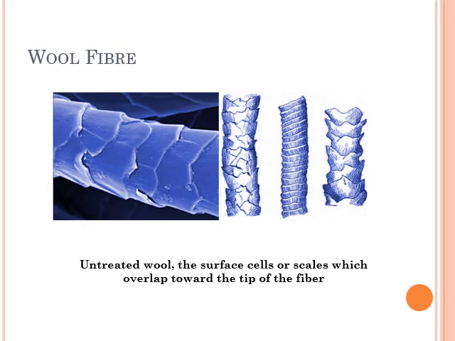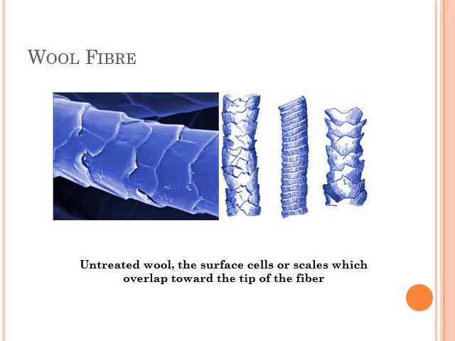The macro structure of wool. The wool fiber is a crimped, fine to thick, regular fiber. Fine wools have as many as 10 crimps per centimeter, while coarse wool has less than 4 crimps per 10 centimeters.